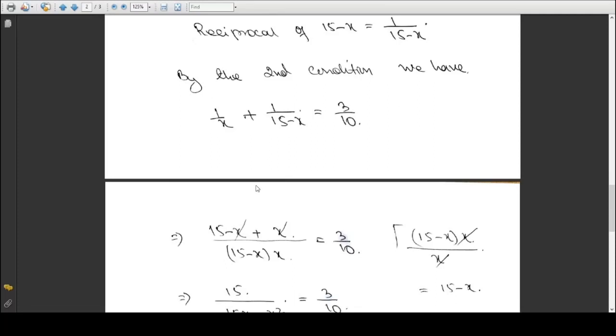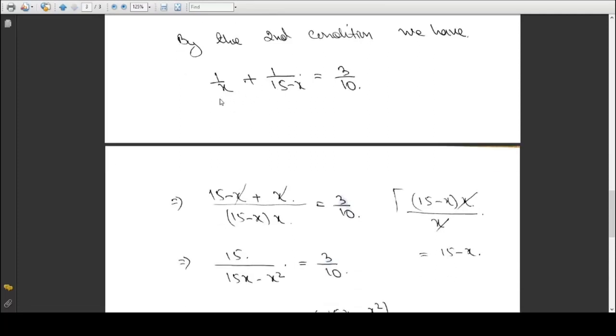Now what we'll do, we'll take the LCM of the left hand side. The denominators are x and 15 minus x. What will be the LCM? It is the combination of both terms, because they are not common. Therefore the LCM is x times 15 minus x.